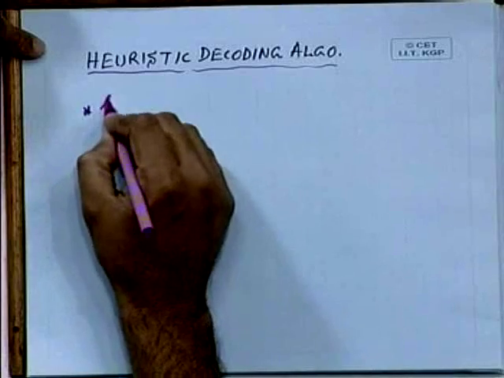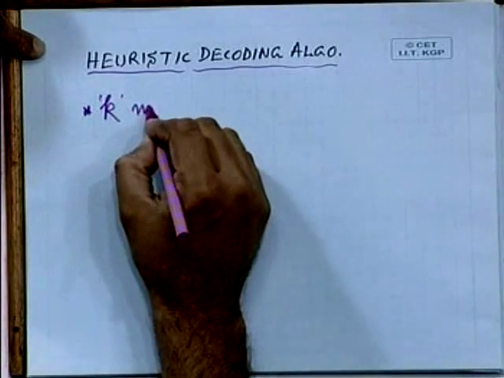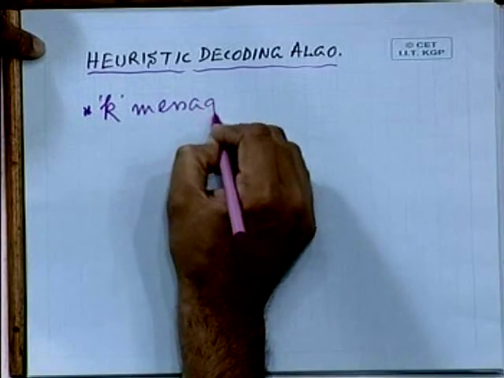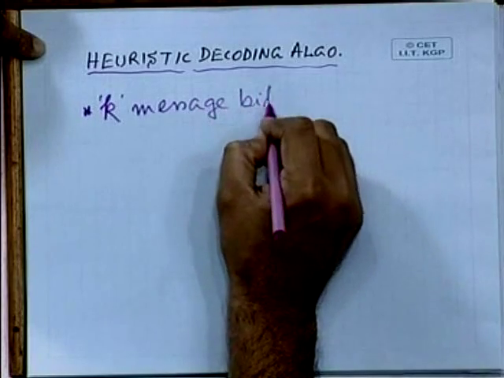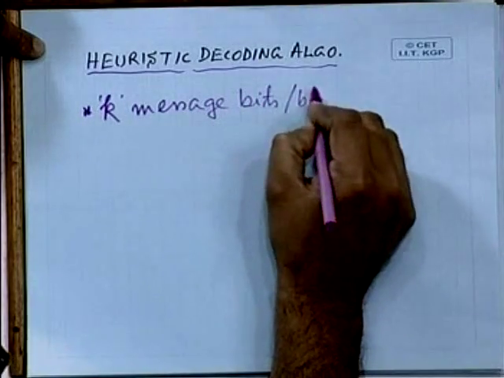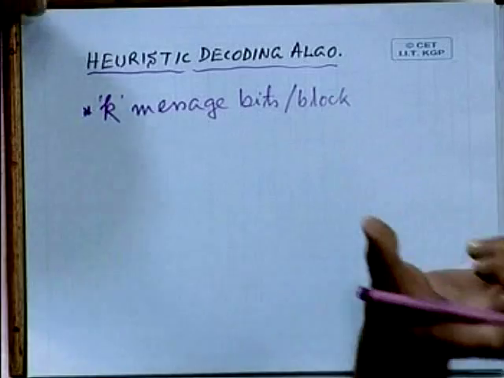Please note that, like the source we talked about earlier, this group of k message bits per block may be anything.